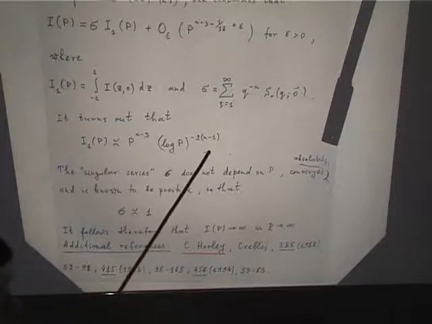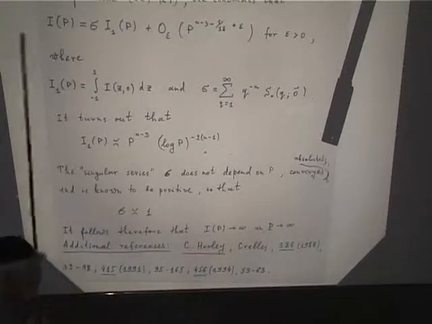And in subsequent papers, Hooley, first of all, allows some isolated singularities, and secondly, he also changes his method, so he obtains a kind of asymptotic formula, or at least an estimate of the right order of magnitude.